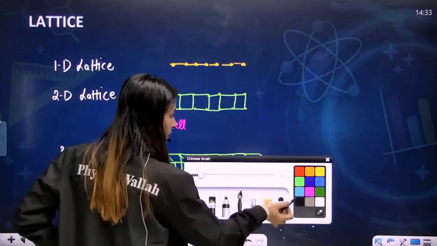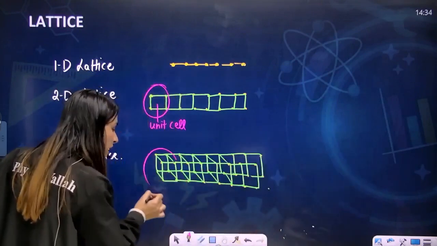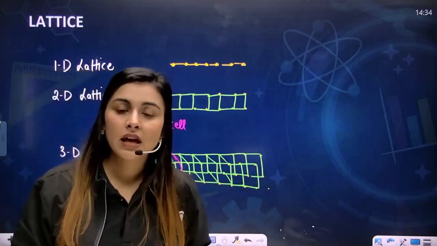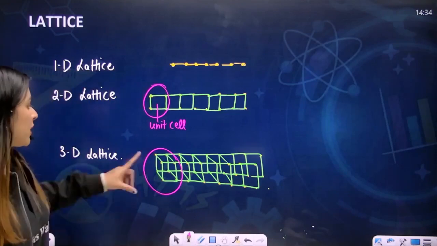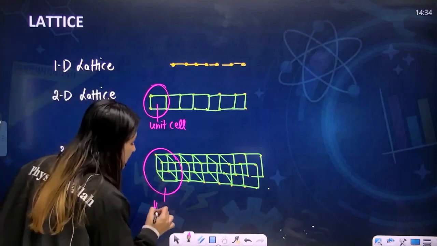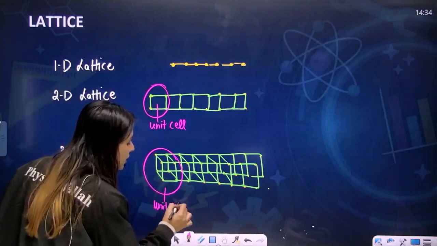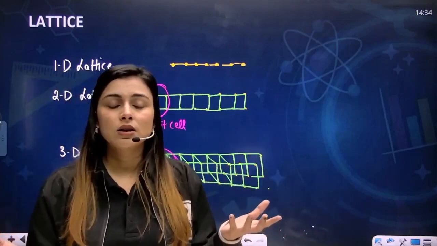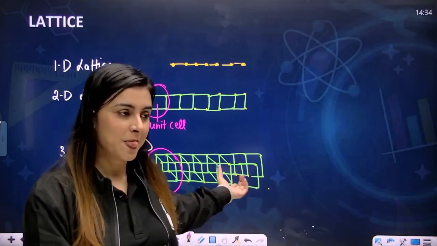Okay, perfect. Now, you can see this one cube is repeating itself again and again. Since it is repeating itself, I can say that this is my unit cell in three dimensions.